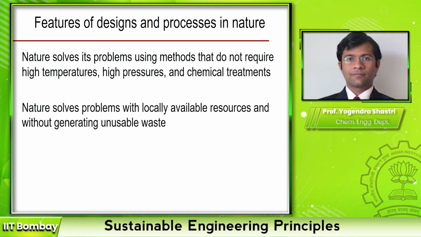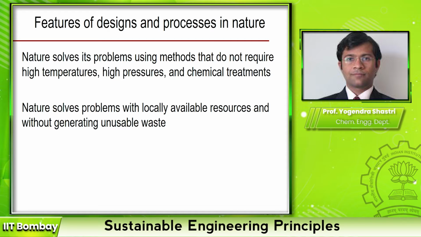Whatever process is happening, whether it is degradation of a particular material or manufacturing or production of a particular material, that happens at ambient conditions. So ambient temperatures, ambient pressures and so on. And there are no harsh chemicals. Most of the processes in nature are biological in nature, which means there are no harsh chemicals involved in the process.